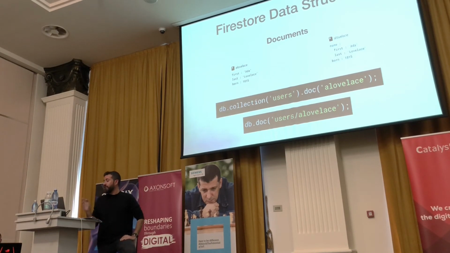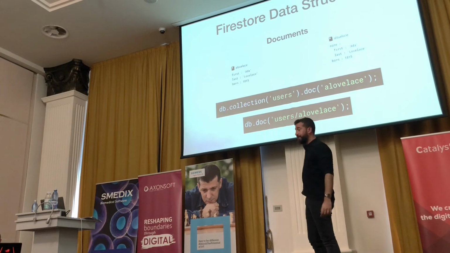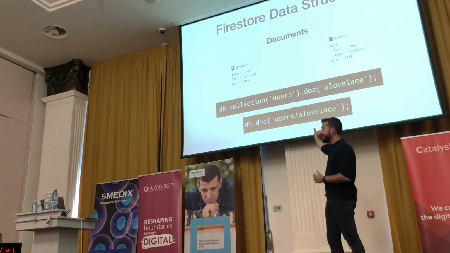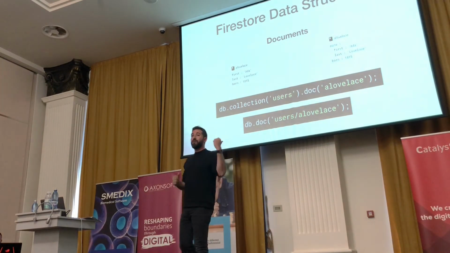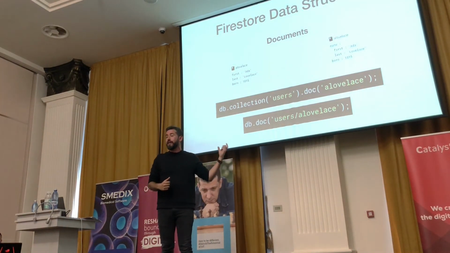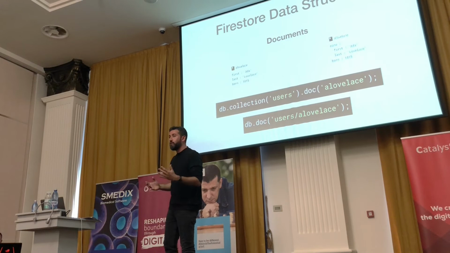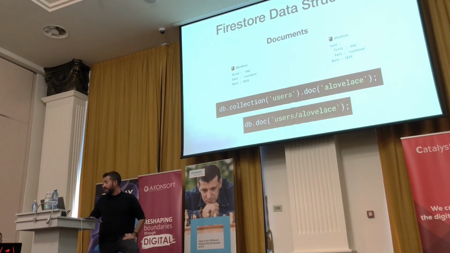You know the DB object, so you can refer to it either by pointing at the collection and then pointing at the specific document, or you can call it by a shorter syntax that allows you to connect directly from the doc method. Now, as you can see, all I pass here is a string. So it's actually very powerful because instead of a string, you can pass some kind of a variable, which allows you to create dynamic objects, dynamic observables. It's really nice and makes your life much easier.